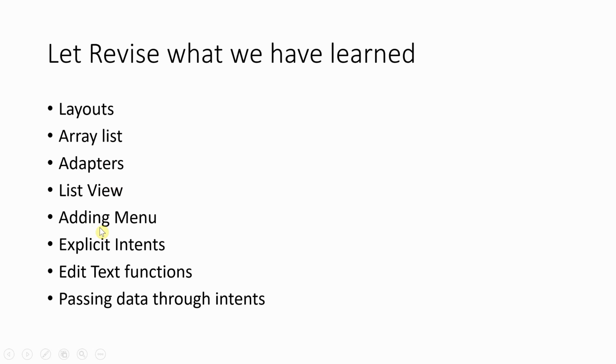We also discussed how to add a menu to our app, then what explicit intents are and what implicit intents are. We saw some examples of explicit intents, and then we discussed some edit text functions which were important, because whenever we change the text inside the edit text, that function is called and updates our edit text. And then we also discussed how to pass data through intents.